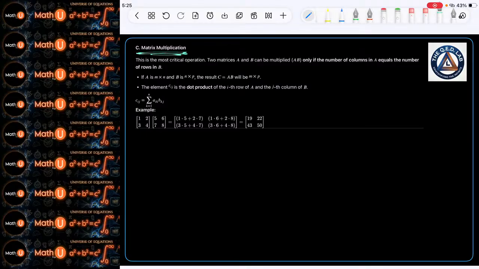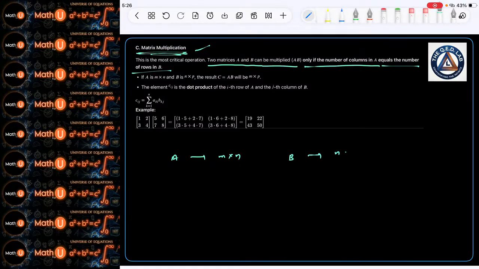If you want to multiply any two matrices, then two matrices A and B can be multiplied only if number of columns in A equals number of rows in B. Then only matrix multiplication is possible. For example, A has order m by n, and B has order n by p.